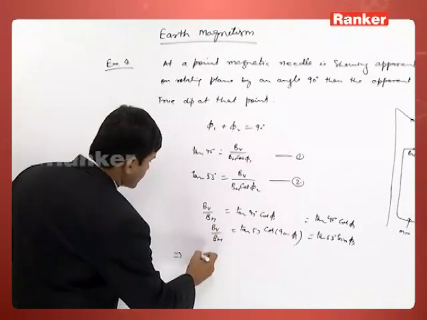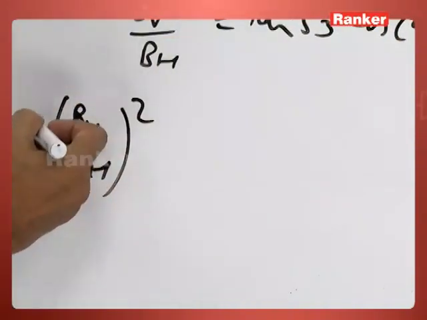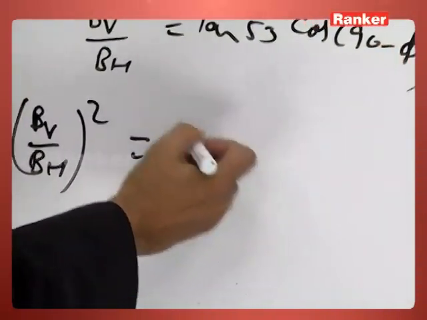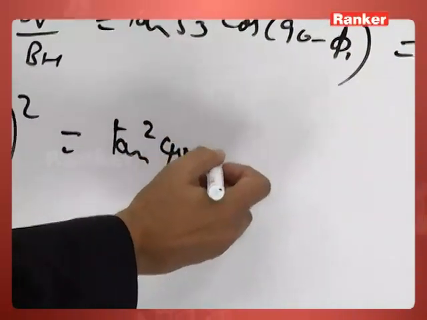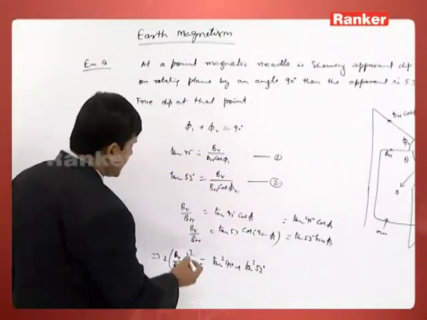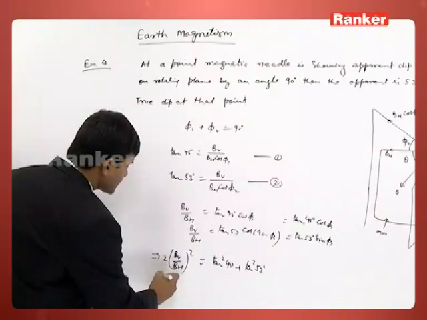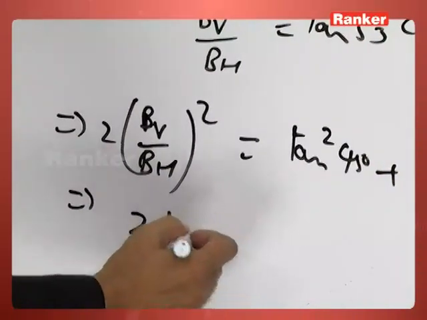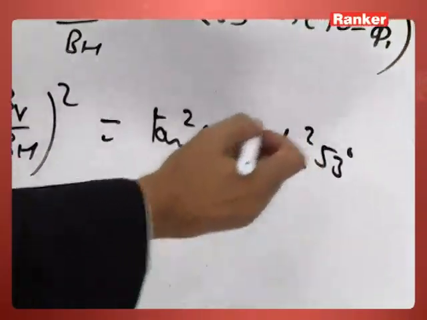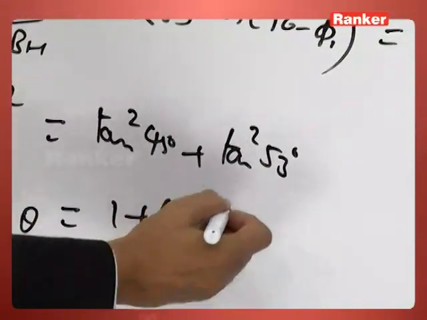So now BV by BH whole square into 2 times is equal to your tan square 45 plus tan square 53, and BV by BH is your tan theta, so 2 times tan square theta is equal to 1 plus, and tan 53 is 4 by 3, squared.